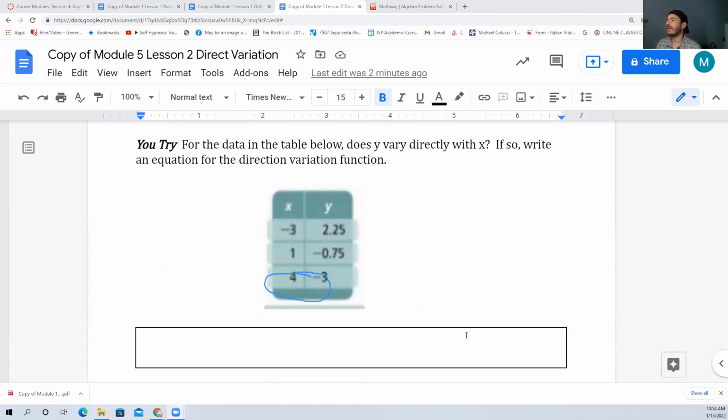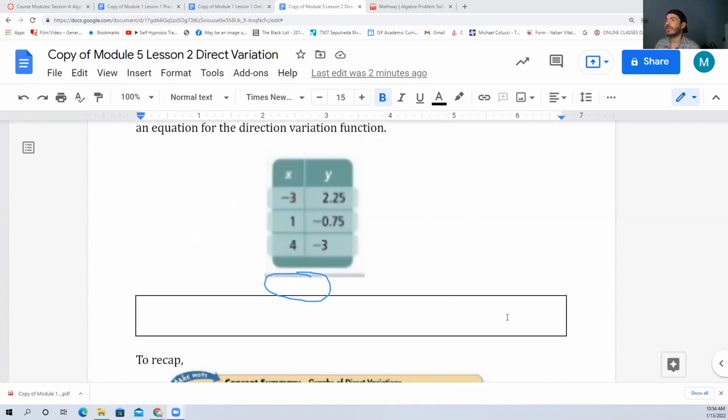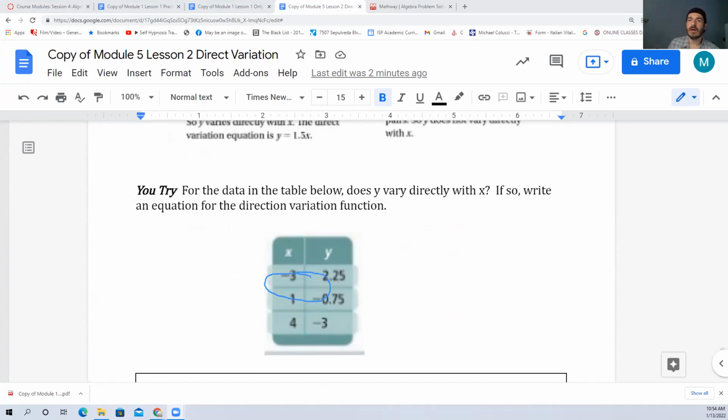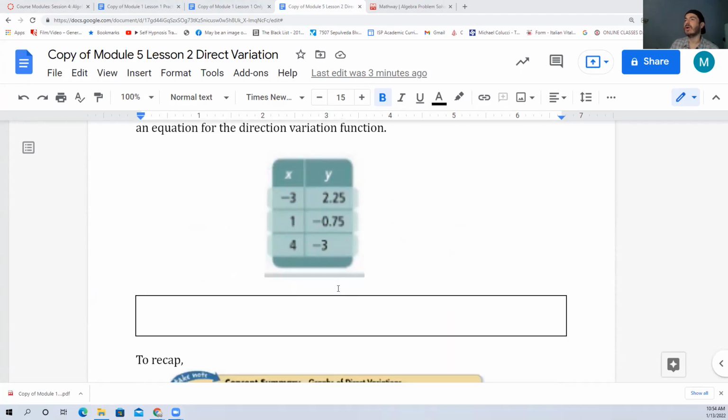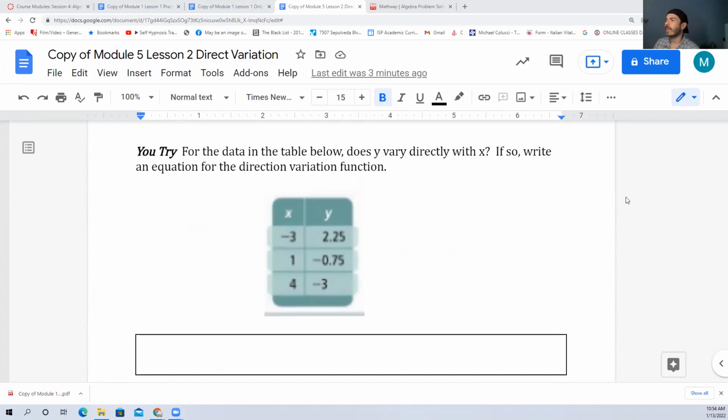For the data in the table below, does y vary directly with x? If so, write an equation for the direct variation function. Okay, I'm going to do this in a little bit more detail so that you can see what's going on here.